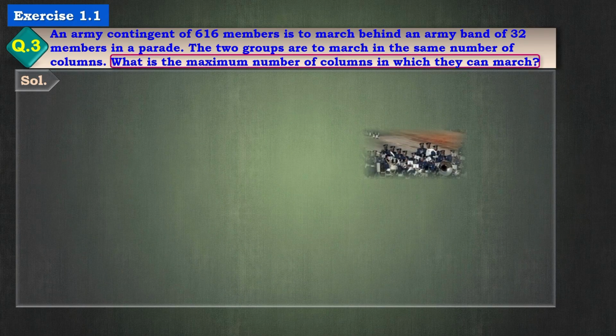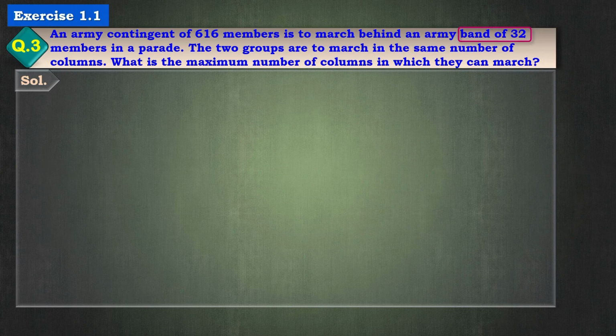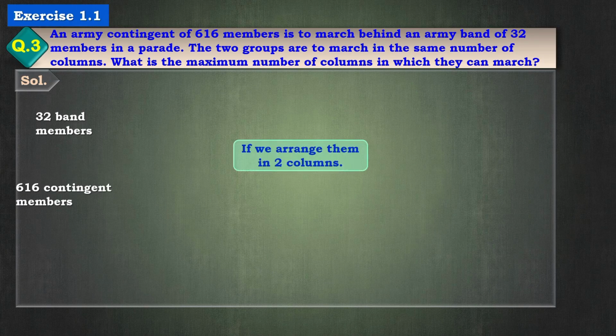So how many maximum columns can they make? There is an army band of 32 members and a contingent of 616 members.